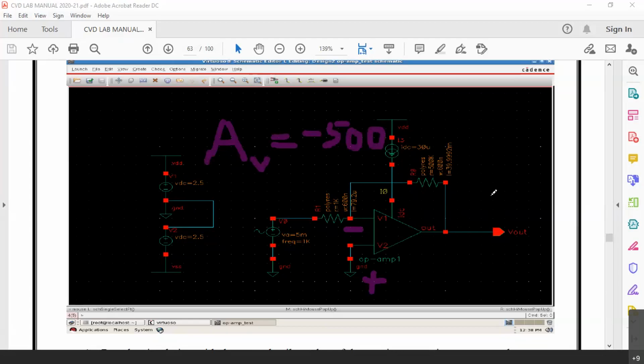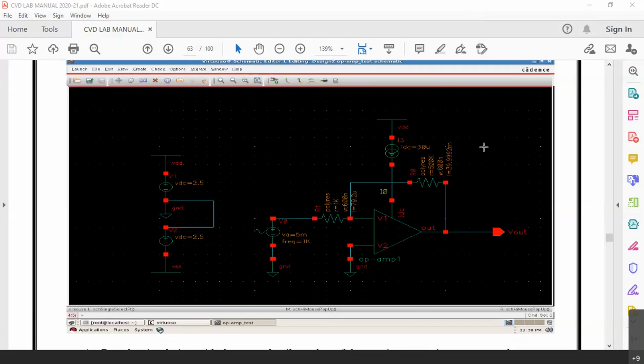They are defined only for simulation purposes, just like these voltage sources. But we purposely choose polyres because later on we can make a layout by taking the dimensions of this resistance in the polysilicon layer. That is the idea here. So 500 kilo ohms is the feedback resistance, 1 kilo ohm is the input resistance. So the gain which we are setting for this amplifier is around 500 times.